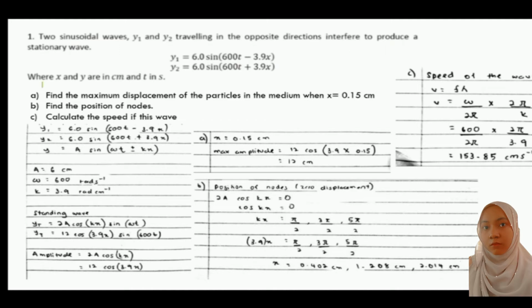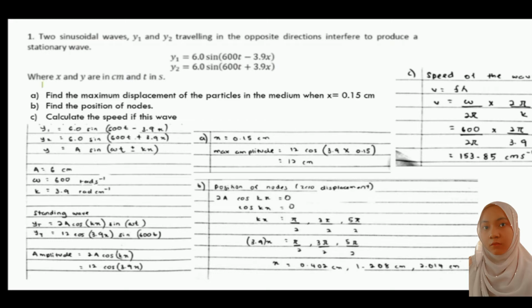First we rearrange the question: we find the amplitude, omega and k. From the equations, the amplitude is 6, omega is 600, and k is 3.9 radian per cm. We put these into the standing wave formula y total equals 2a cos kx sin omega t, so our standing wave formula is 12 cos 3.9x sin 600t.